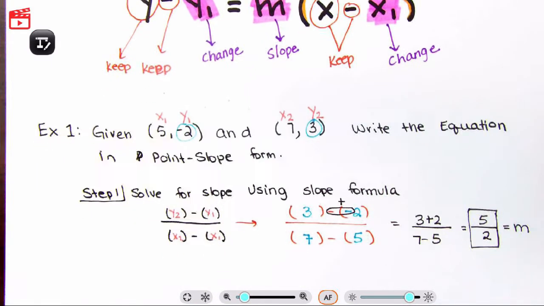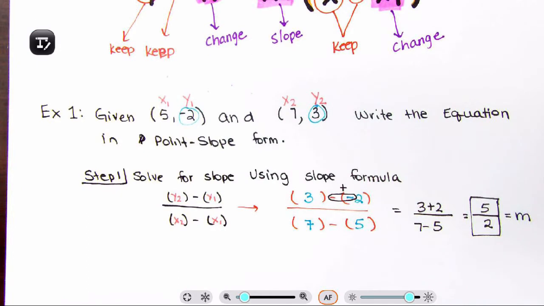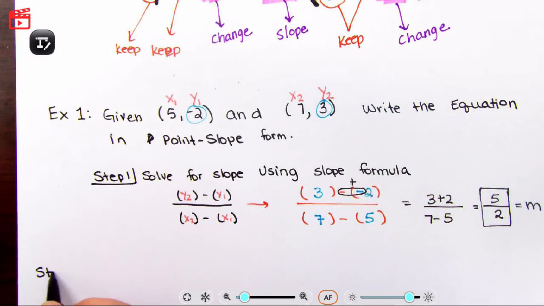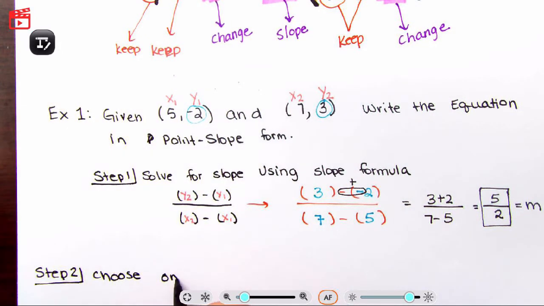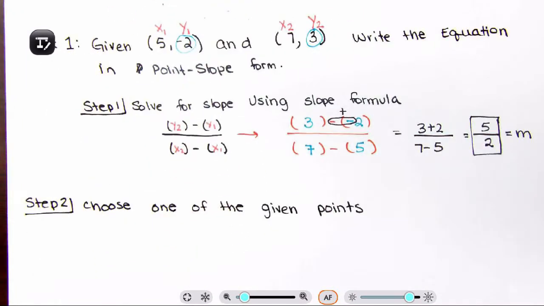So once you're done with step number 1, step number 2 is choose one of the given points, and it doesn't matter which point you choose.